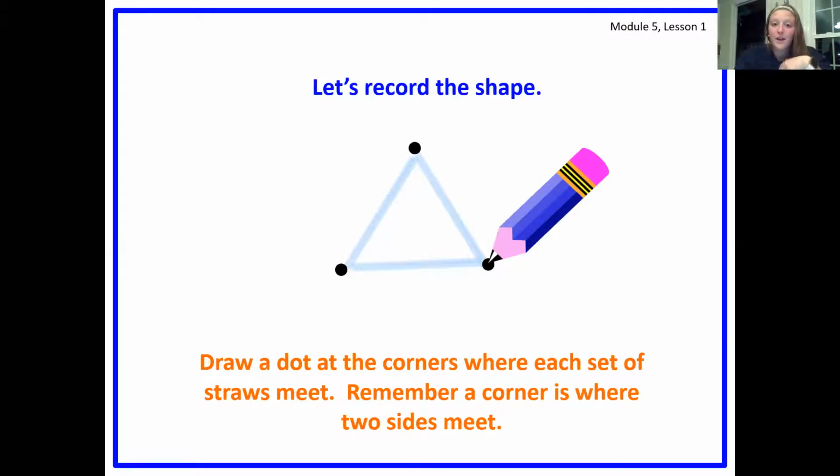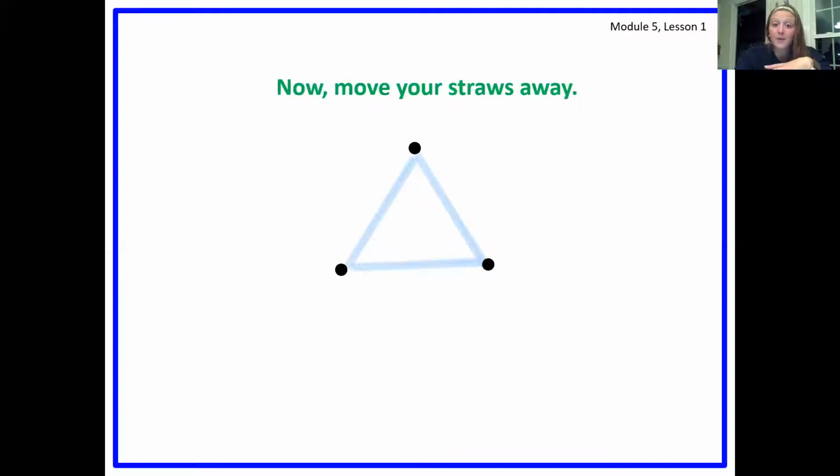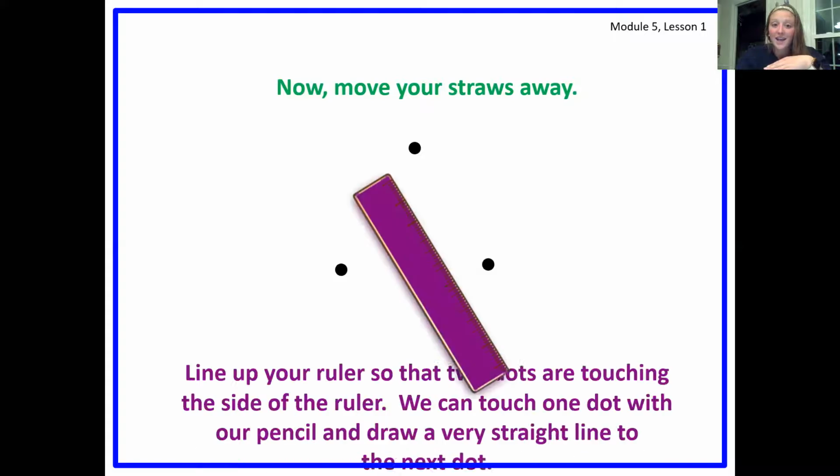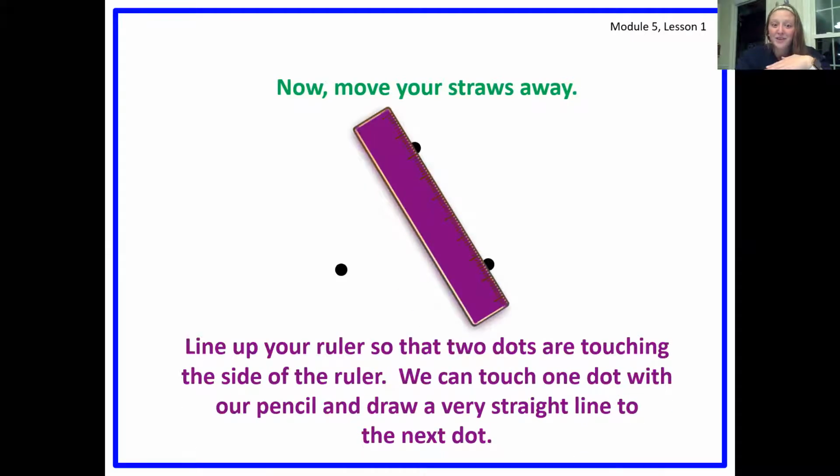So now you're gonna go ahead, and once you've put the dots, I want you to move your straws away or whatever you're using, like that. And use a ruler or something so that you can line them up, so that you can draw lines from dot to dot or corner to corner.